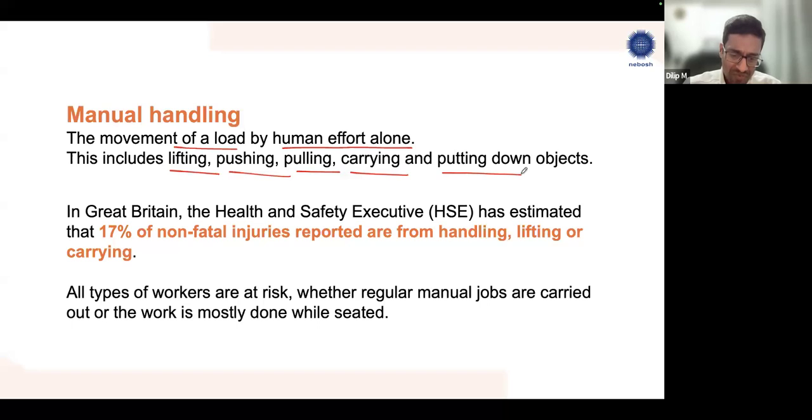So any task which includes lifting, pushing, pulling, carrying, and putting down objects by human effort alone is called manual handling. Okay. So HSC has estimated 17% of non-fatal injuries reported are from handling, lifting, and carrying. Okay. So all types of workers are at risk, whether regular manual jobs are carried out or the work is mostly done while seated.